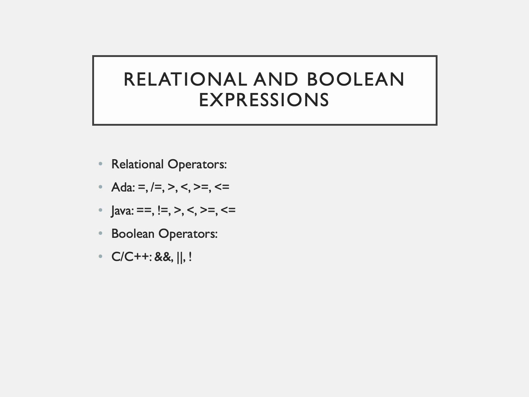They allow us to create compound conditions. In C and C++, we have logical and, true only if both operands are true; logical or, true if at least one operand is true; and logical not, which reverses the truth value of its operand.